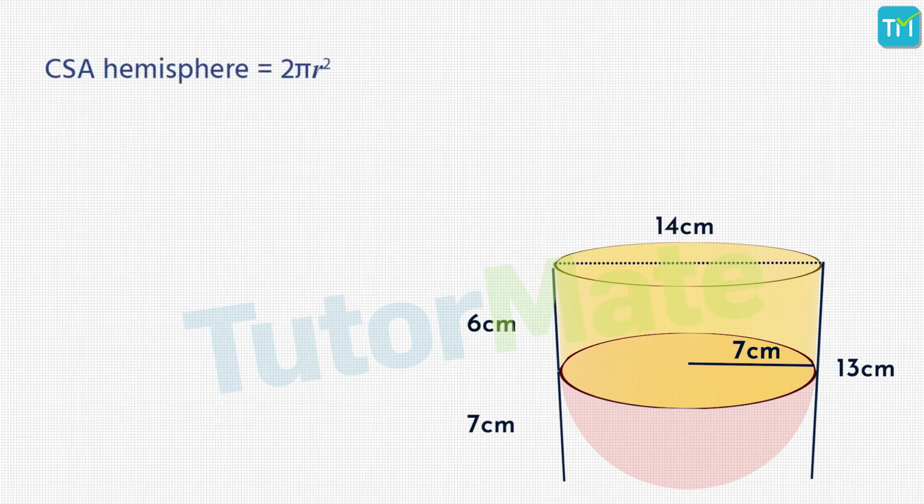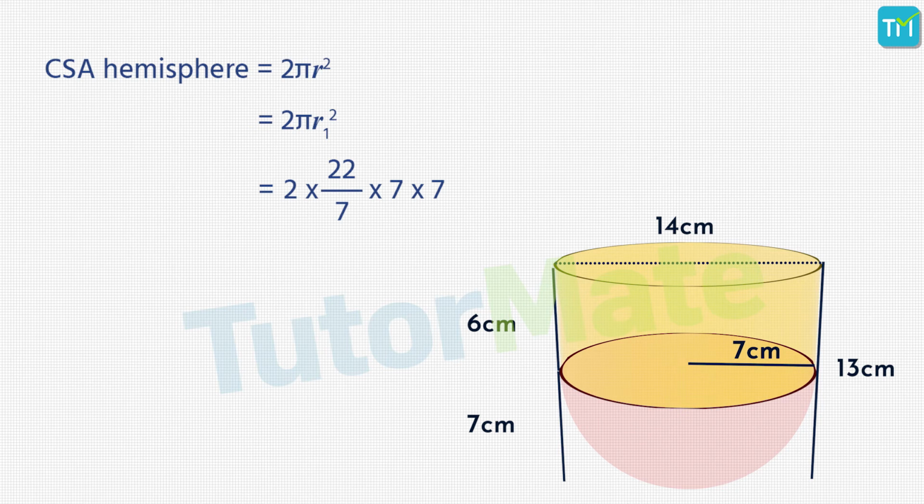Now the curved surface area of a hemisphere is equal to 2 pi r square, and since the radius of the hemisphere is R1, we will write the curved surface area or the CSA of the hemisphere as 2 pi R1 square. On substituting the values, we will have CSA is equal to 2 into 22 by 7 into 7 into 7.